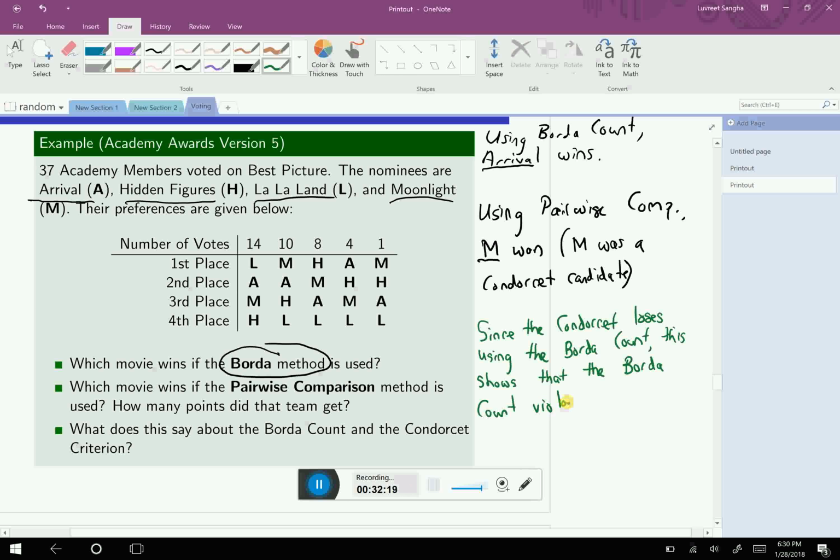Sorry, my handwriting is a little bad there. The Borda count violates the Condorcet criterion.